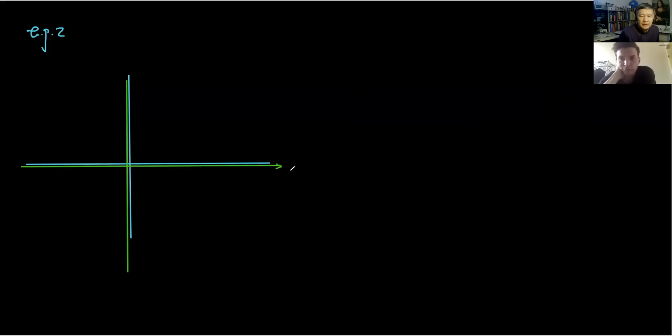So this basis one is green. There are two bases, a pair of bases, so we just consider a pair of different bases.